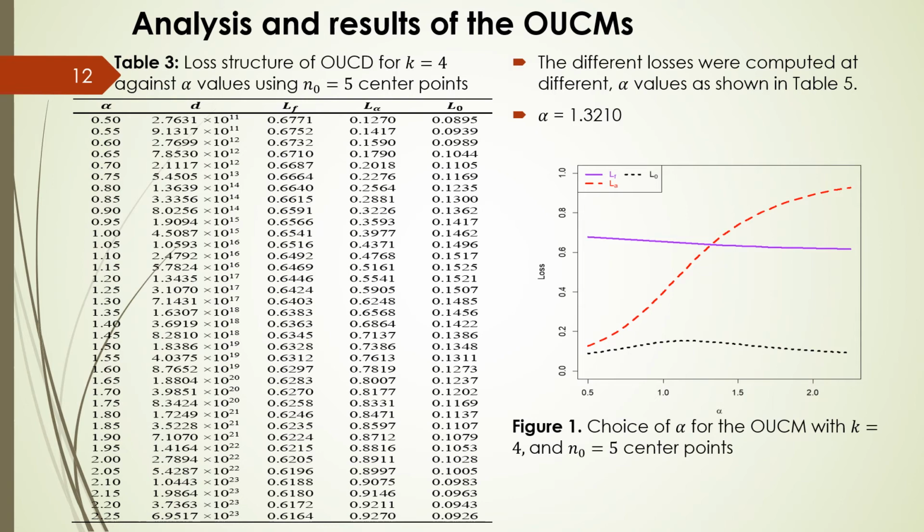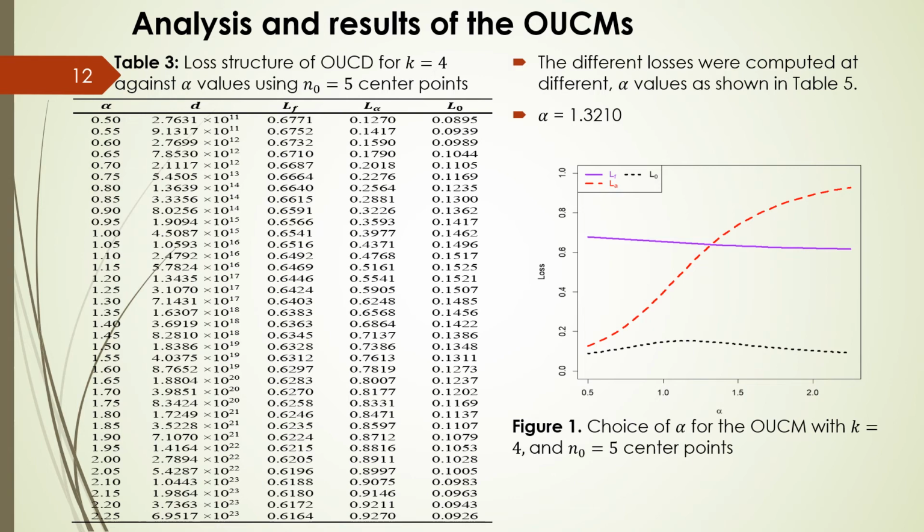Now moving on to figure 1, the data in table 3 was represented graphically in figure 1, and from this figure we extrapolate and obtain the new alpha value, which is the alpha value that is now used to construct the OUCM.